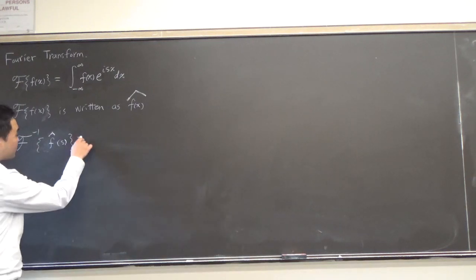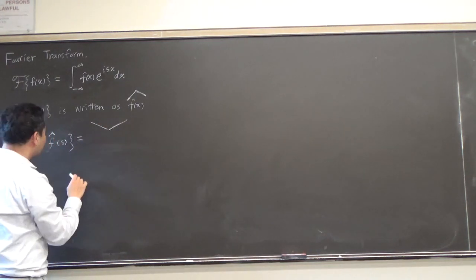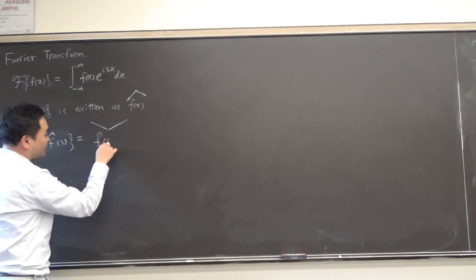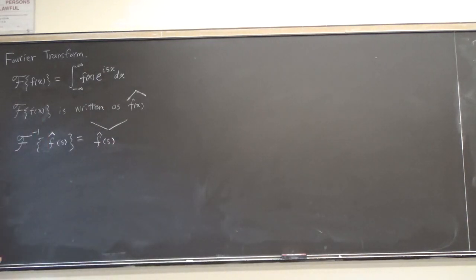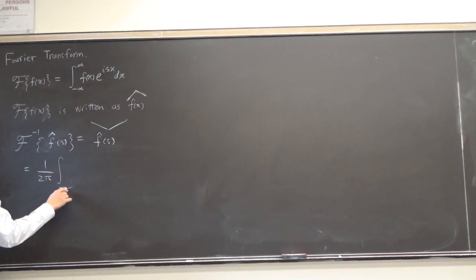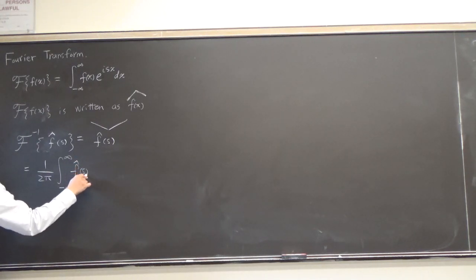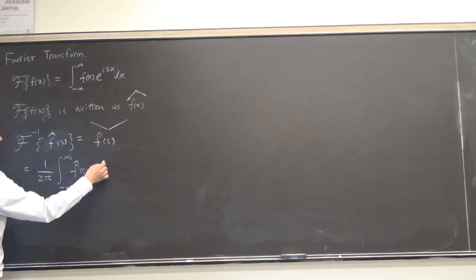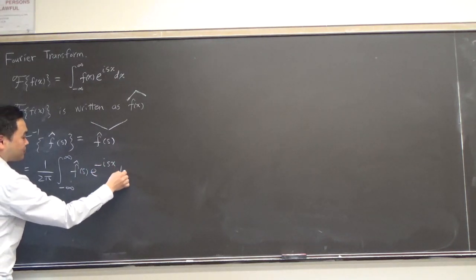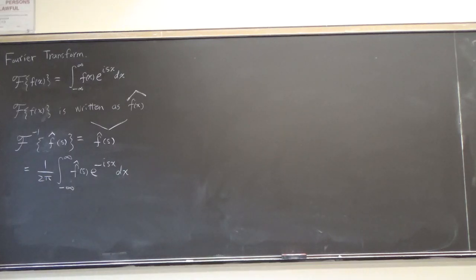And of course, there's a symbol for that one, which is the upside down hat. This one is defined as 1 over 2 pi, integral from negative infinity to infinity of f hat of s, multiplied by e to the negative I sx. And this thing will give you the original f of x back.